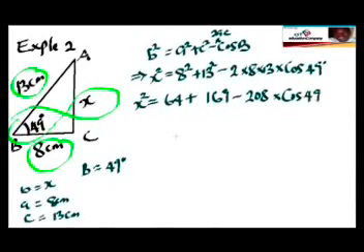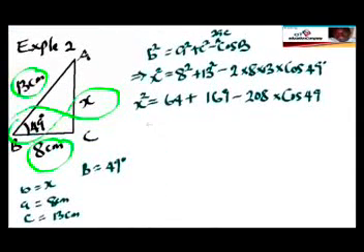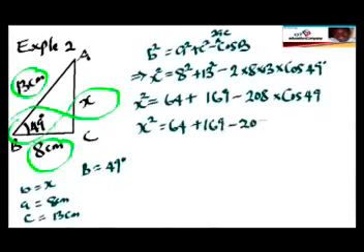Now let's see what cos 49 is. It's approximately 0.6561. So x square is equal to 64 plus 169 minus 208 times 0.6561.